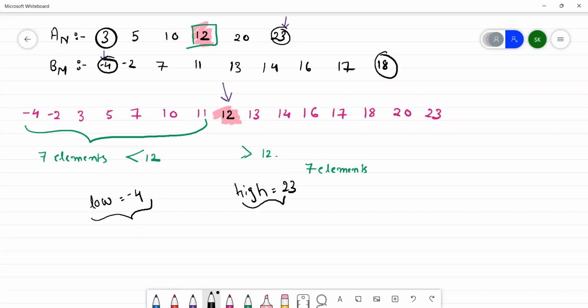Considering these two numbers, I find out my mid. Sorry, it is low plus high divided by 2. So -4 plus 23 divided by 2, I will get somewhere around 10. Yes or no?